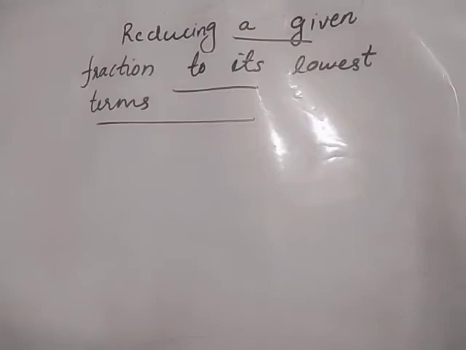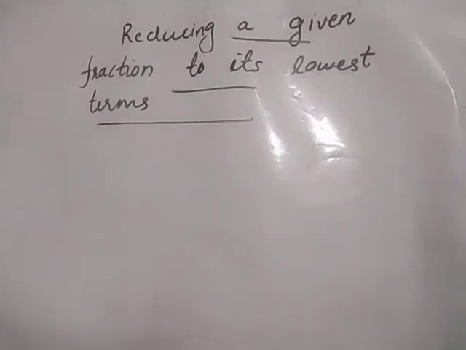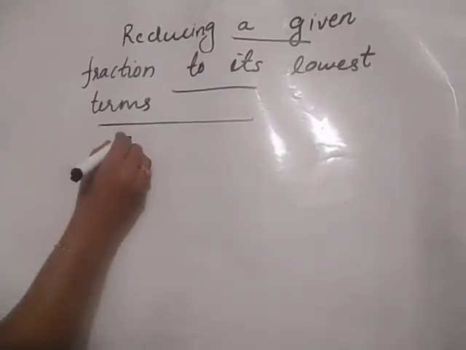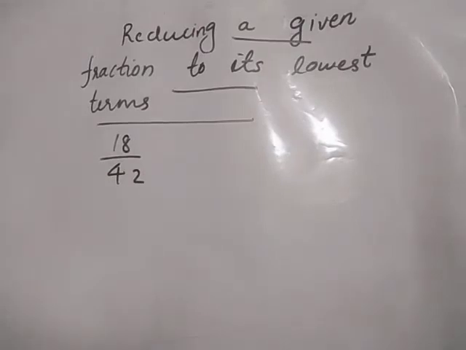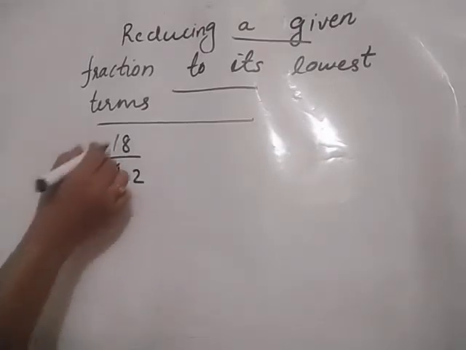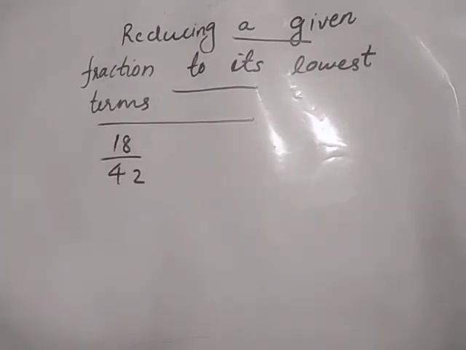Reducing a given fraction to its lowest terms. We have a fraction 18 by 42. It is not in its lowest terms. These two numbers have common factors, so we can further simplify it to its lowest terms.